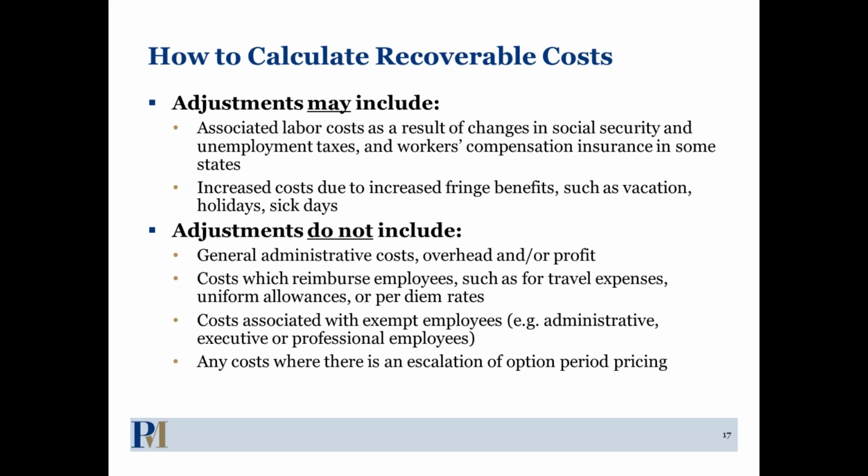You actually certify under the price adjustments clause that you have not escalated. It's almost like double dipping, right? Because if you've already escalated and you're already getting that escalation, then you can't also get whatever the wage determination said was an increase, right? So you kind of have to pick how you think it should work.